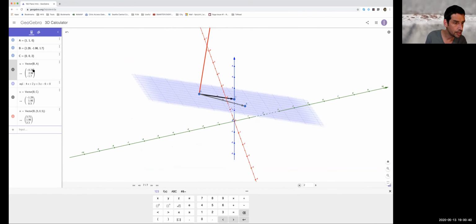So, oh, I got to change it up here. I moved the point around. Okay, I only moved 1 point. Sorry about that. So this has got to be the point 1, -2, 2. Okay, sorry for that.